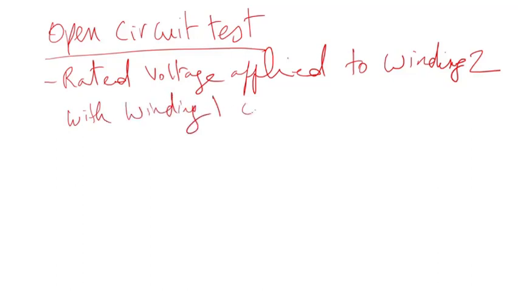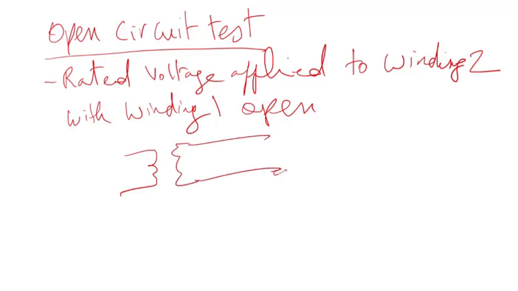Winding 1 remained open during the open circuit test. So basically, if I flip these, here's winding 1, here's winding 2. So you applied rated voltage to winding 2, and winding 1 stayed open during this test.